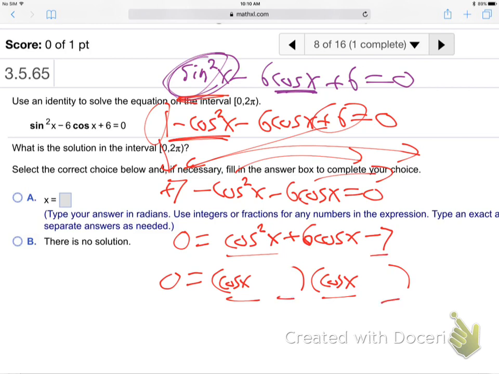What times what makes 7? 1 and 7. But you got to have a positive 1 and a negative 7, or a negative 1 and a positive 7. Can you tell which one it is? Yeah, you got to have negative on the 1, positive on the 7, because you got to make plus 6 in the middle. So you have the plus 7.